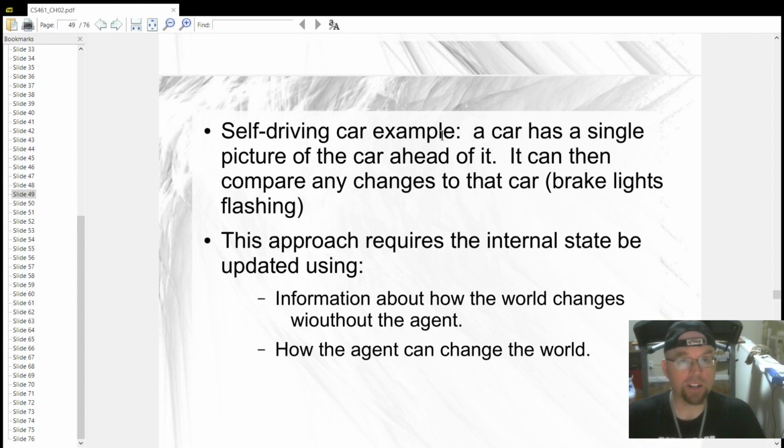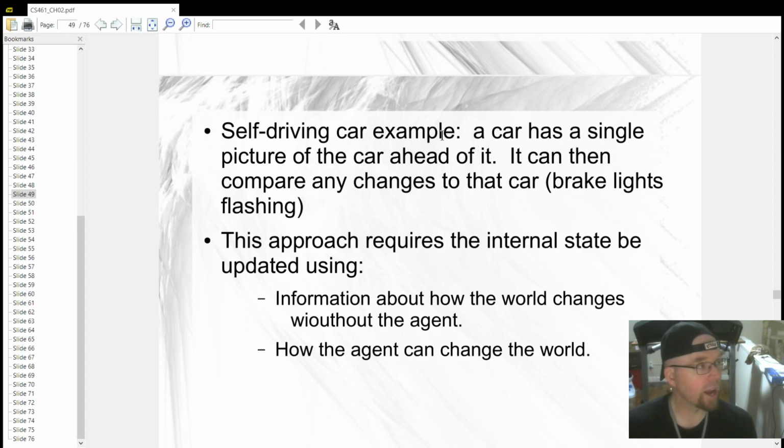To take the agent out of the equation for a second, how does the world function? So the self-driving car, what happens in the world? You have to be able to know that brake lights mean stopping. So the agent has to have information about that.